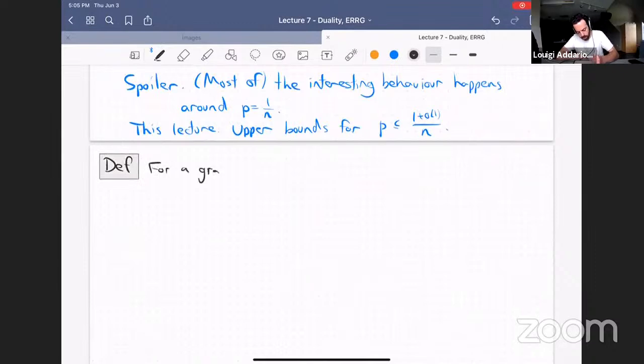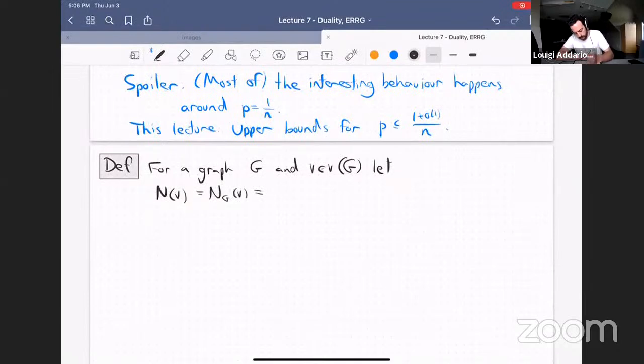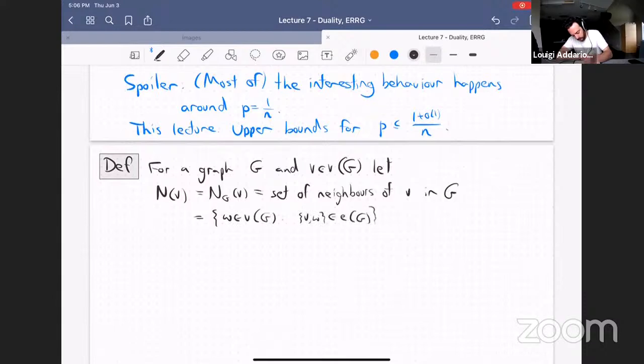Given a graph G and some vertex v of the graph, I'll write N(v) or N_G(v) to be the set of neighbors of v in G. So this is the set of vertices w such that vw is an edge of the graph.